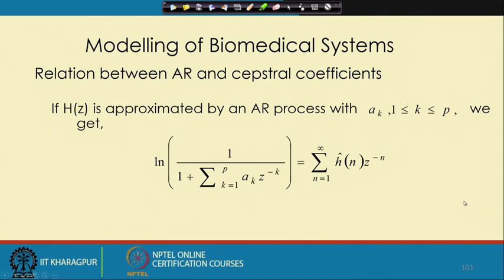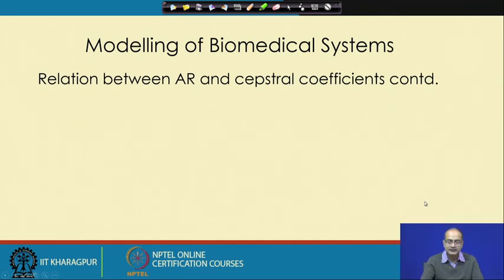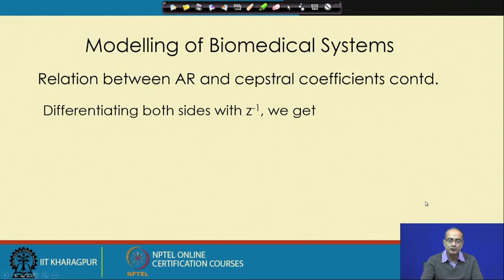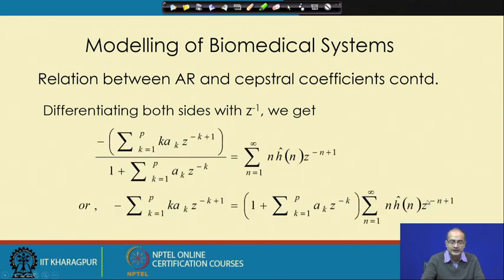For that, in the left-hand side, where we have taken the log of H(z), we replace H(z) by 1 by A(z), and after that we differentiate both sides with respect to z to the power minus 1, because the polynomials have powers of z to the power minus 1. Please keep in mind, it is not with respect to z, but z to the power minus 1, because that helps us to do the computation.